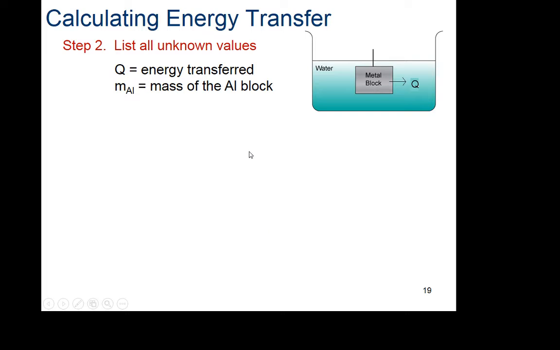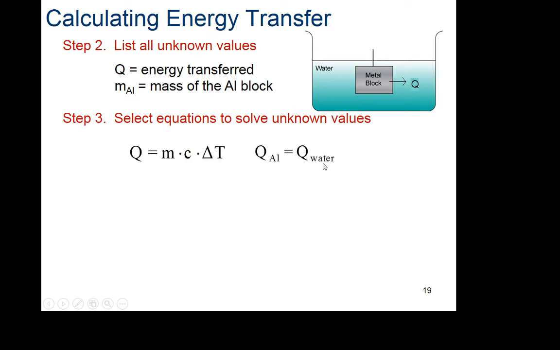The things that we don't know are the energy transfer, and we also never found out the mass of the block. So we're going to select equations to solve for the things that we don't know. What we can assume is that the energy transfer from the block is the same as the energy transfer to the water.